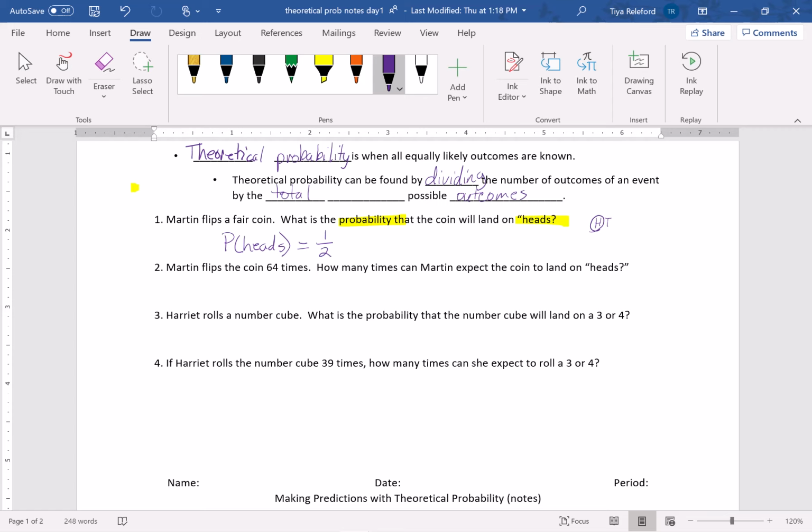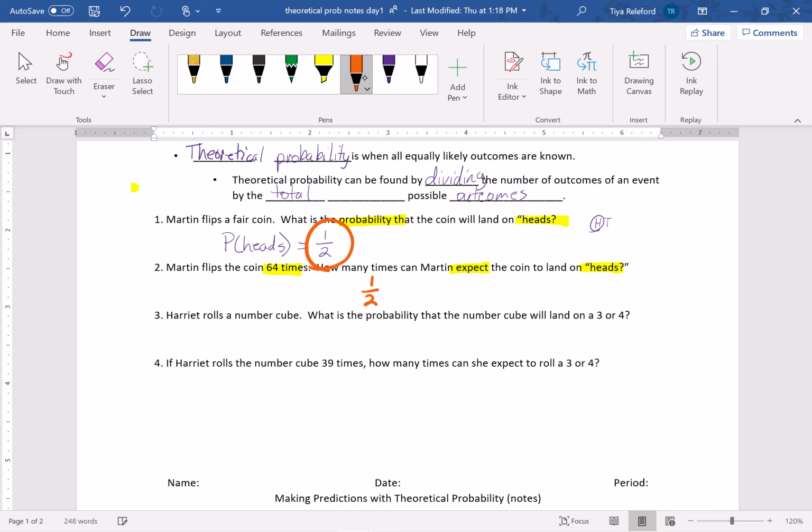Now, the next step, the new thing we're learning today, is Martin flips the coin 64 times. How many times can Martin expect the coin to land on heads? When you see that word expect, you are setting up a proportion. So first thing on 1/2 of the proportion is the probability.